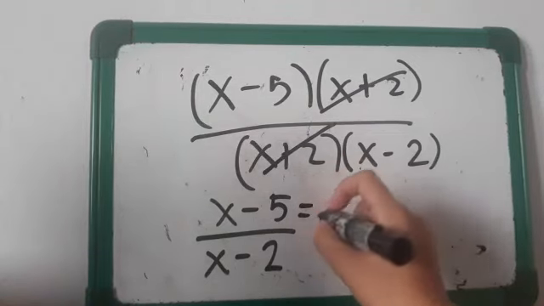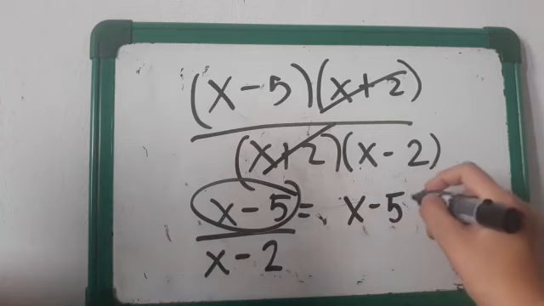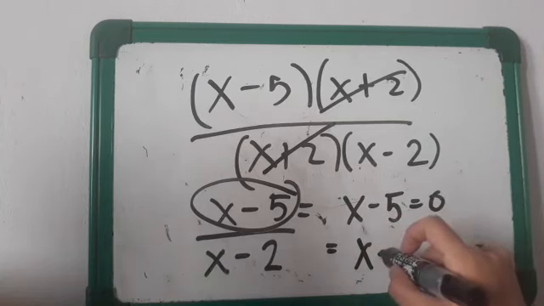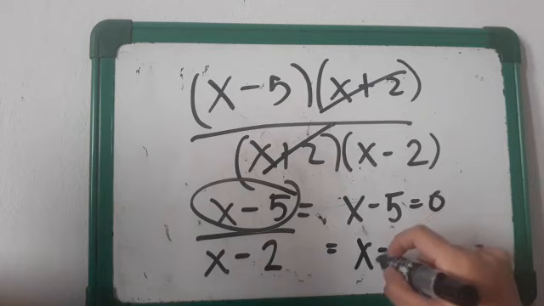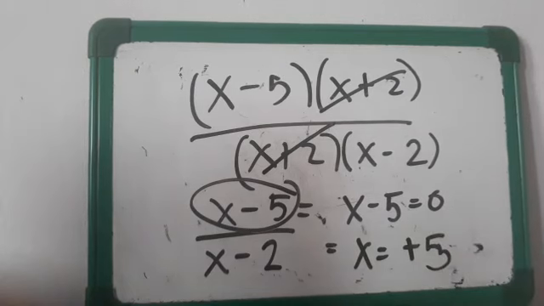Pero ang kinukuha lang dito ay yung numerator. So, equate natin to. X minus 5 is equal to 0. So, x is equal to positive 5. Yun na ang sagot sa number 20. That is letter B.